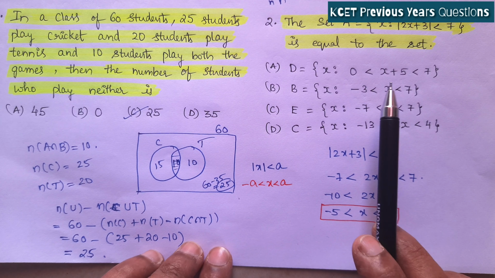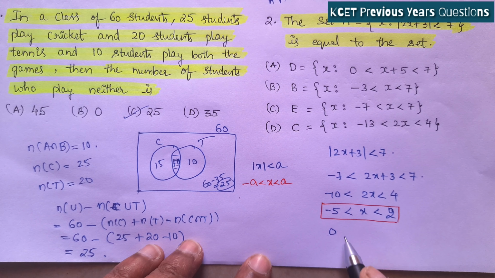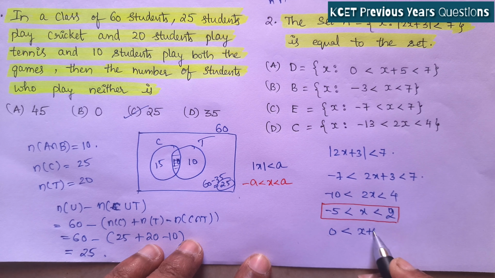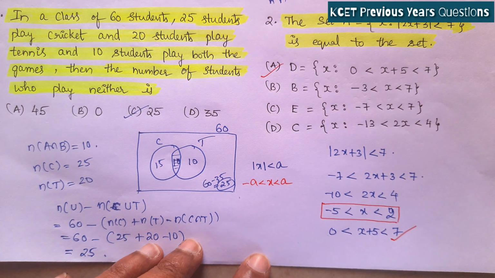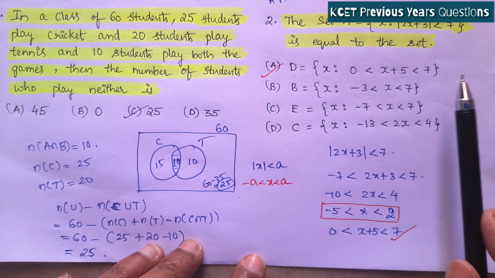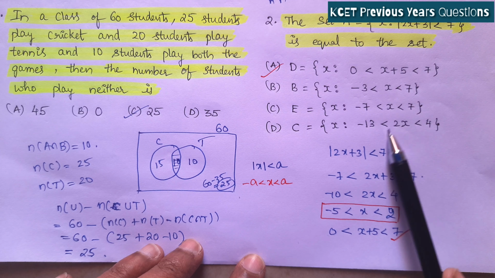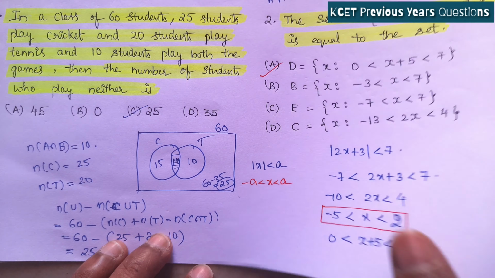If you observe the first option, x plus 5, that means if we add plus 5 to all of these, minus 5 plus 5 is 0, less than x plus 5, less than 2 plus 5, which is 7. So option 1 is the correct answer. Because if we add plus 5 on both sides, we get the first option. Like that we have to check. So this is about the 2014 question.